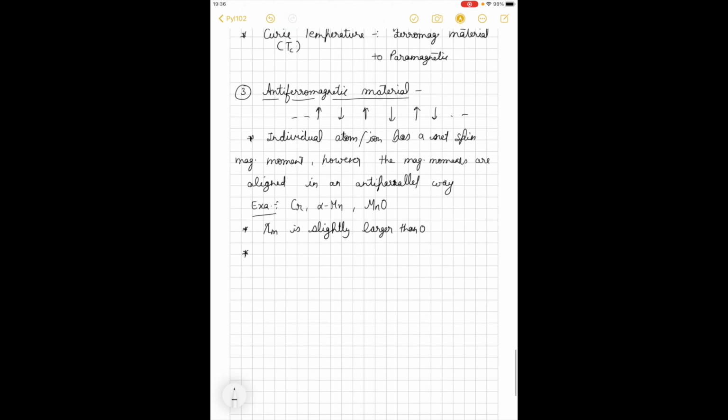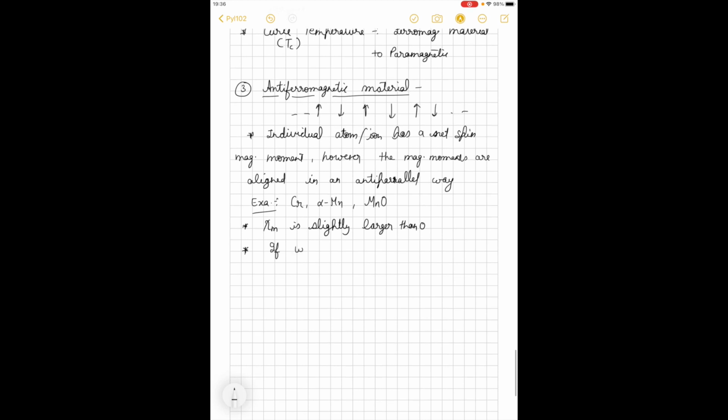All right, so I'll just write it down, whatever I say. If we heat an antiferromagnetic material, the coupling gets destroyed and the material becomes paramagnetic.